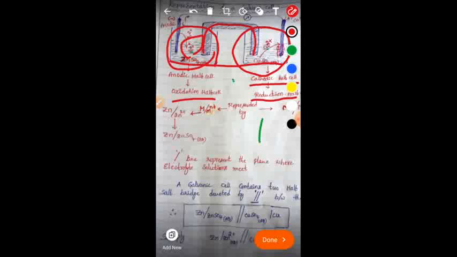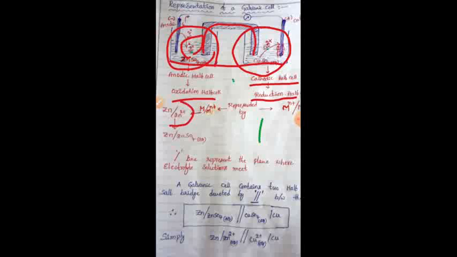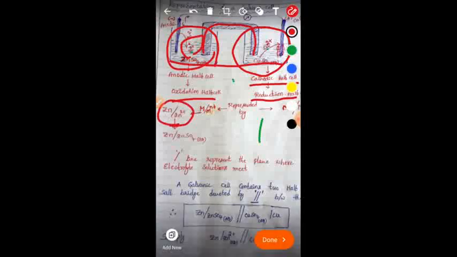That same thing is represented here as Zn/Zn2+. Zn/Zn2+ means Zn is converted into Zn2+ by losing electrons. Zn2+ enters into the zinc sulfate solution, so it also becomes ZnSO4. Like this also we can represent it.